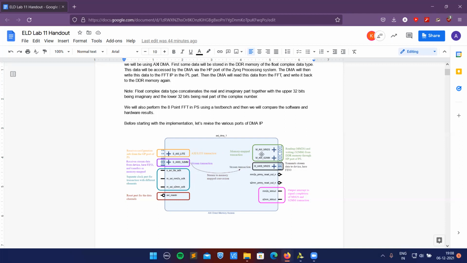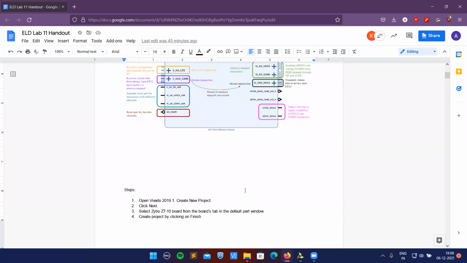Talking about the rest of the ports, this is the memory map transaction, and it is going to access the DDR via the HP ports of the Zynq processing system. We have talked about this, and these are the clocking ports of the DMA IP. This is the reset port of the DMA IP, and these are the interrupts.